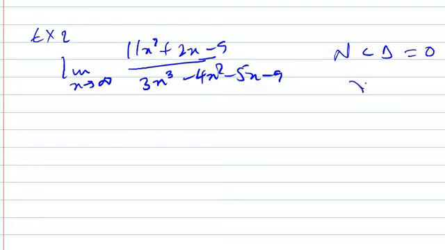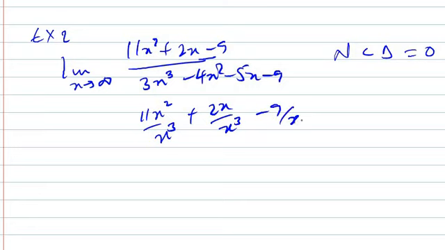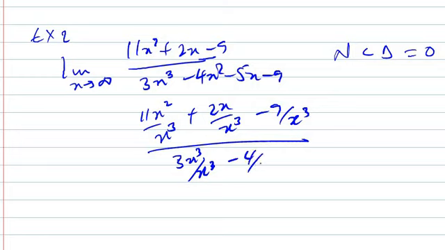We have x cubed as the highest power, so we divide through: 11x squared over x cubed plus 2x over x cubed minus 9 over x cubed, all over 3 times x cubed over x cubed minus 4x squared over x cubed minus 5x over x cubed minus 9 over x cubed.